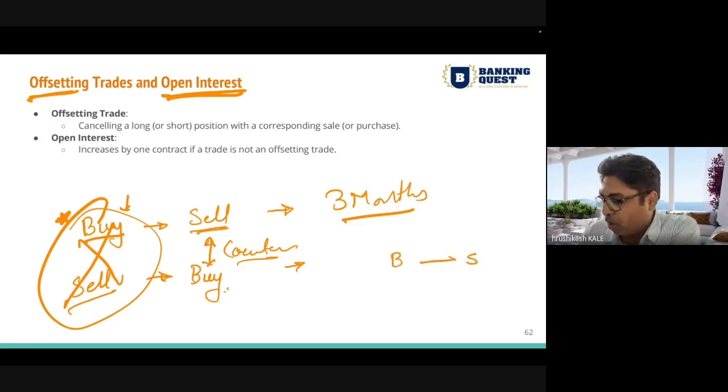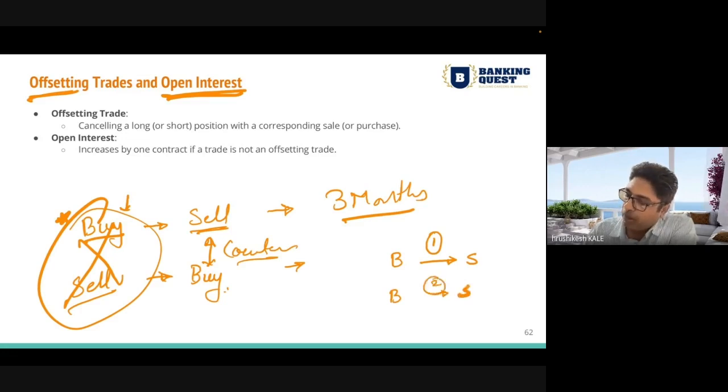We entered into a contract. We started a trade. That is trade one. A new buyer came, a new seller came. So you have two contracts running parallelly. So your open interest is 2 and your volume is also 2.